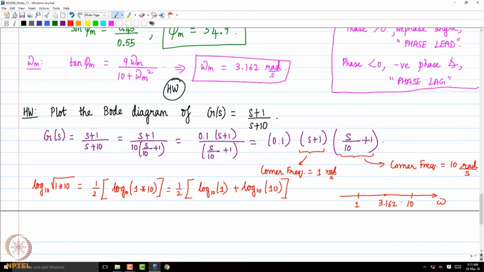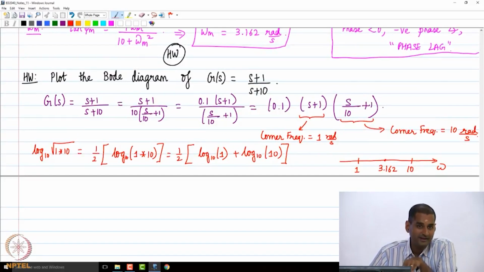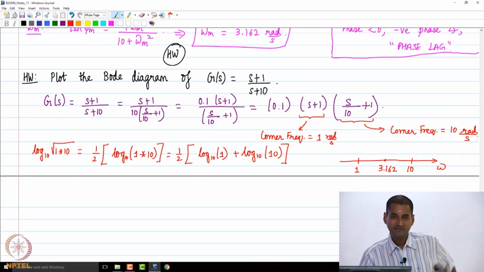So, you see that the frequency at which you get the maximum phase contribution from this is going to be at the geometric mean of the two corner frequencies, right, in this particular case. This particular transfer function, we will generalize and we will use it in control design, okay.